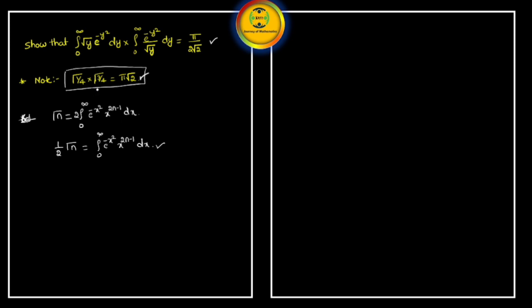First integral I am taking as I1, that is integral 0 to infinity e power minus y square into y power root y, which can be written as y power plus half, into dy. This definition I am going to take as equation 1 and the alternative definition as equation 2.